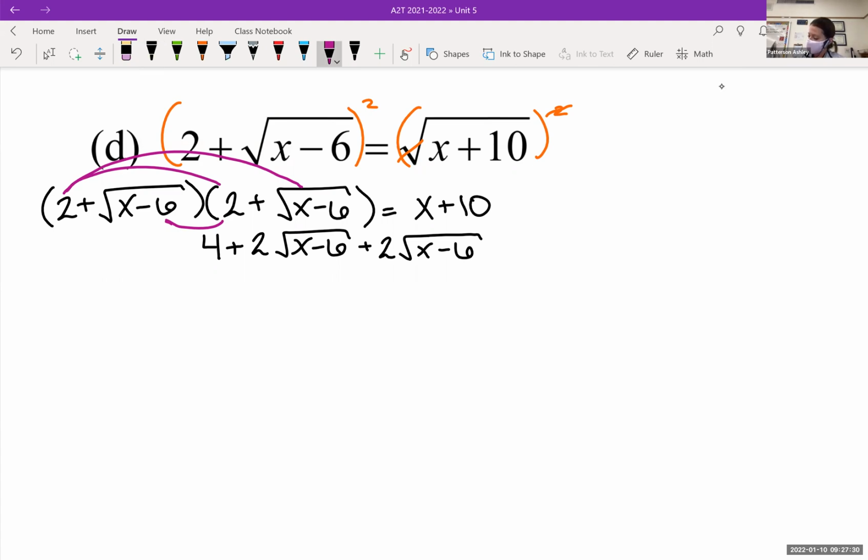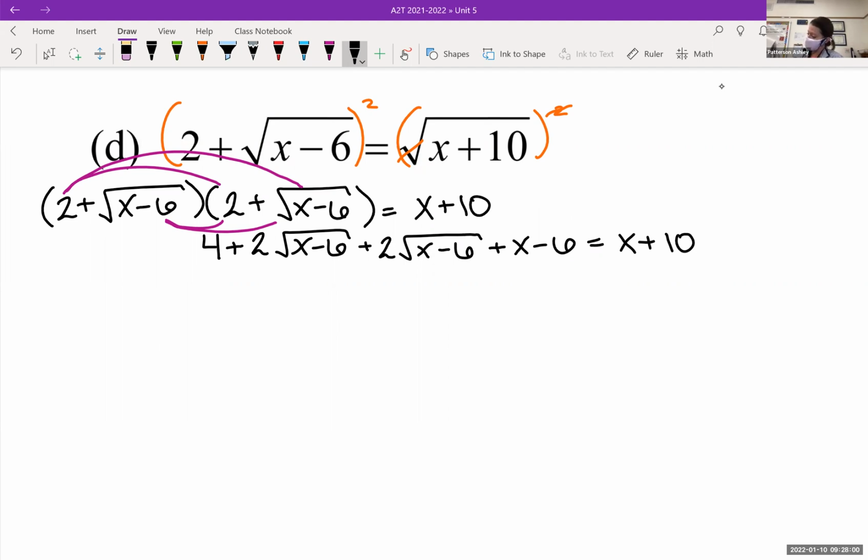Now, for the last terms, we have the square root of x minus 6 times the square root of x minus 6. What do we get? x minus 6. All right. Still equal to x plus 10. Now, it's not necessarily ideal for solving yet because we still have a variable under the radical, but let's combine like terms and see where it leads us.